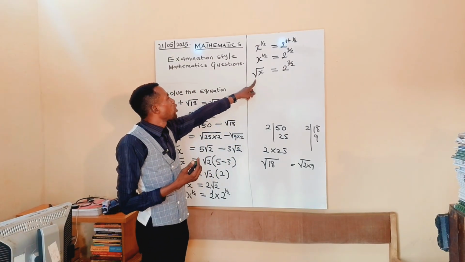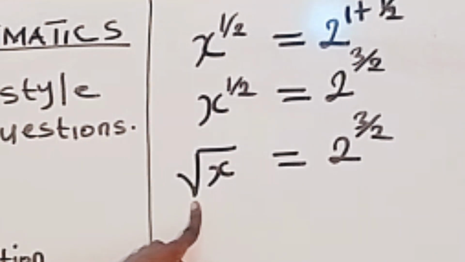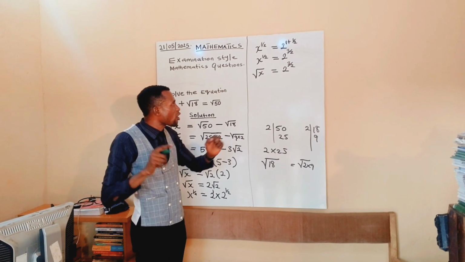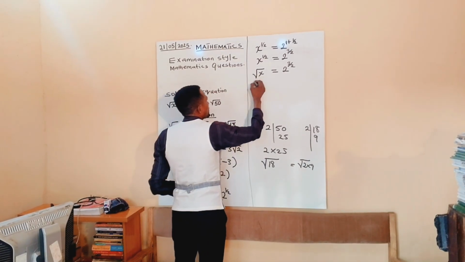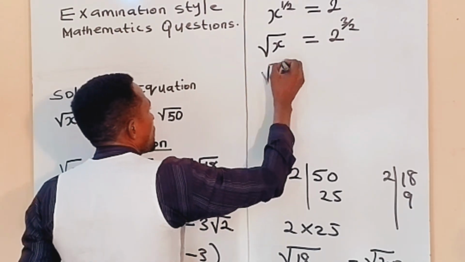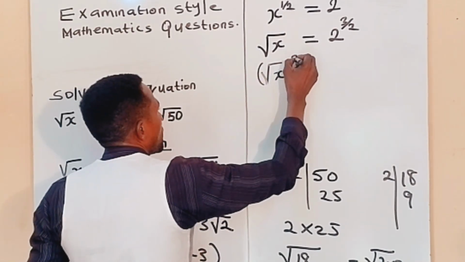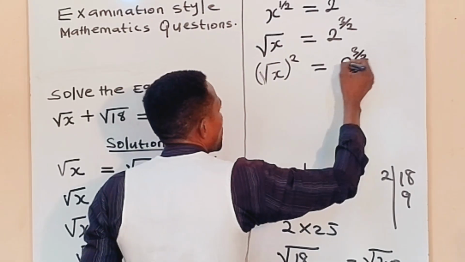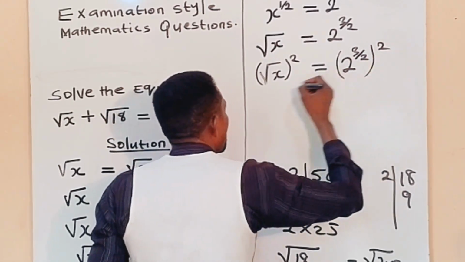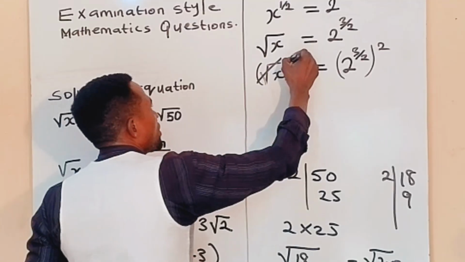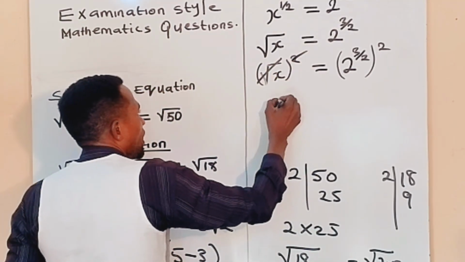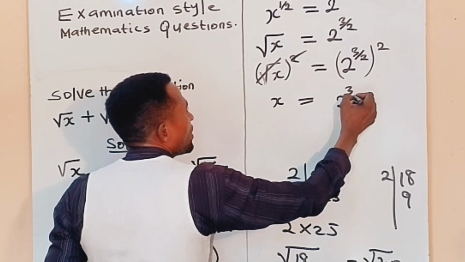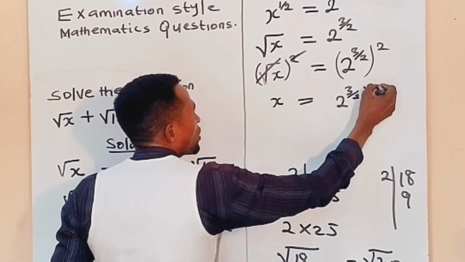In mathematics, when we come to a point like this, we have to eliminate this very root sign, we have to take the square of both sides. So this root sign and this square cancel each other. We are left with x. And we have 2 raised to the power of 3 all over 2 times what? 2.